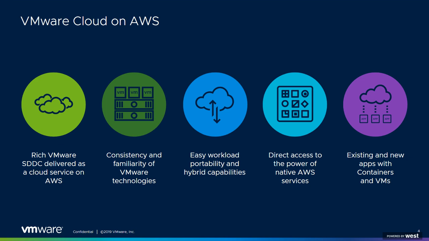Within VMware Cloud on AWS, we deliver on 5 pillars of the service. The first is delivering that rich SDDC experience as a service in AWS's data centers on their bare metal services, giving customers that consistent operations between vSphere environments that they're familiar with on premises today.